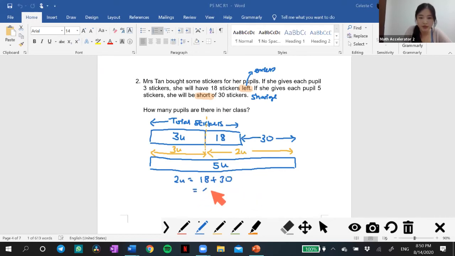That will give you 48. So 1 unit will be 24. You can divide by 2. So 1 unit will be your number of pupils, 24. You can write it down if you're scared you'll forget. 1 unit is the number of pupils.